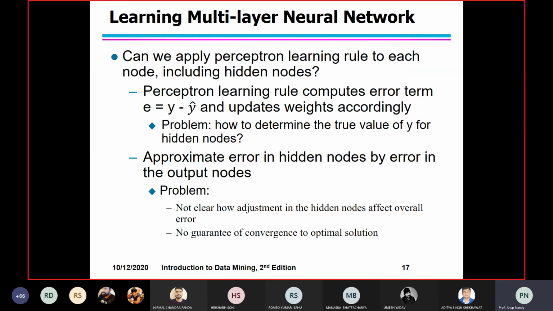The problem is how to determine the true value of y for the hidden nodes. There is only an approximate error in the hidden nodes from the error in the output nodes. There is no guarantee of convergence to the optimal solution, and it is not clear how adjustment in the hidden nodes affects the overall error.